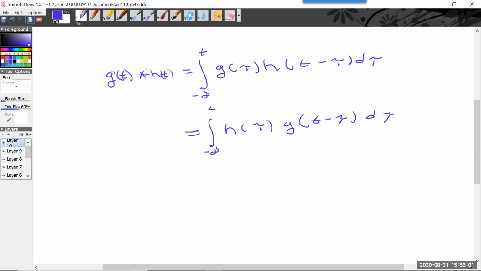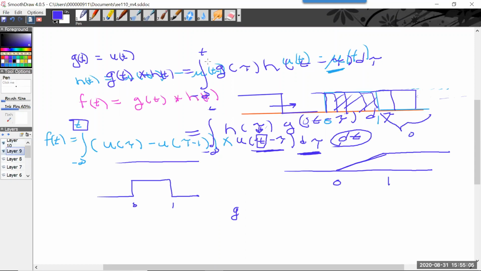The reason is that that's the function of t, and we're advancing it over here, and so it moves it along the axis. But the minus tau, while we're integrating, flipped it.